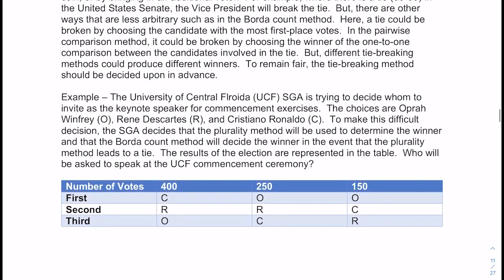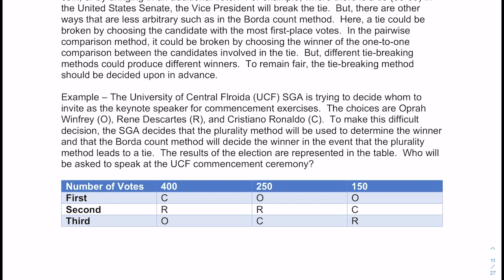So after having read that, one of the important things that we want to remember is that we want to remain fair. So as we stated earlier, in addition to not only picking the voting method before you hold the election, you also want to pick the tie-breaking method.